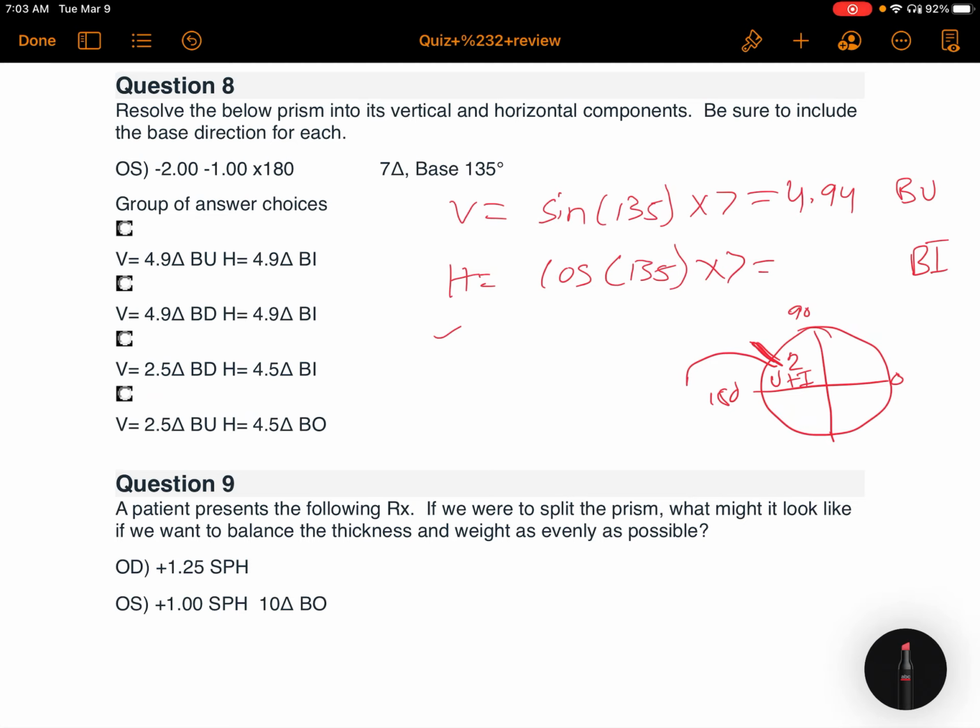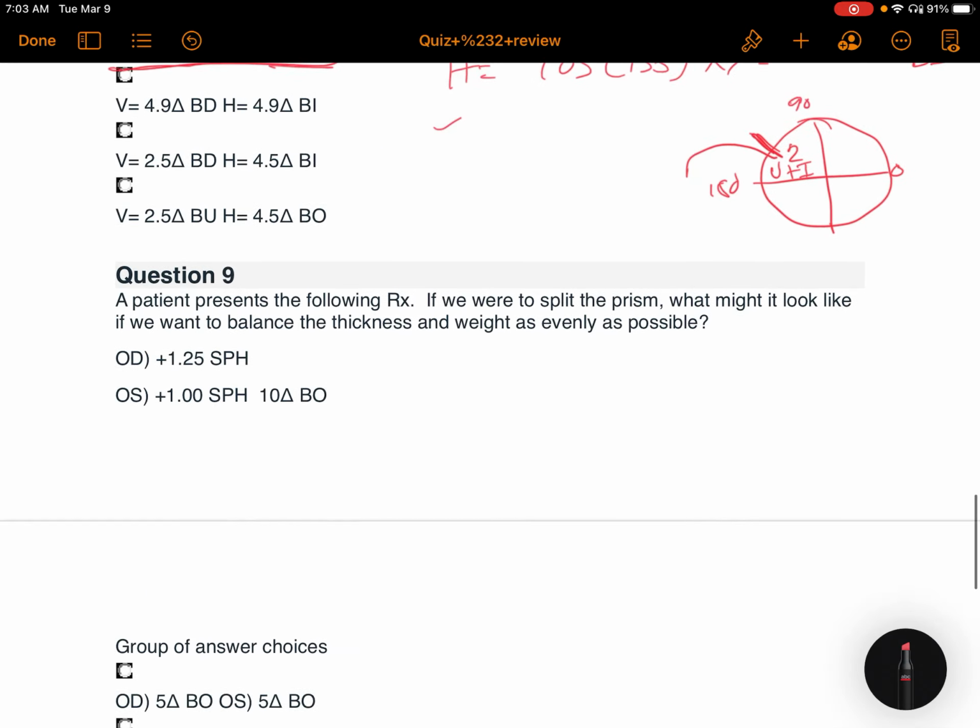And then our horizontal is going to be 135 cosine times 7. And I'm getting the same number, 4.94. All right, now we just look for our answer. 4.9 base up. We have that. And then 4.9 base in. Base up, base in. So that's our answer.